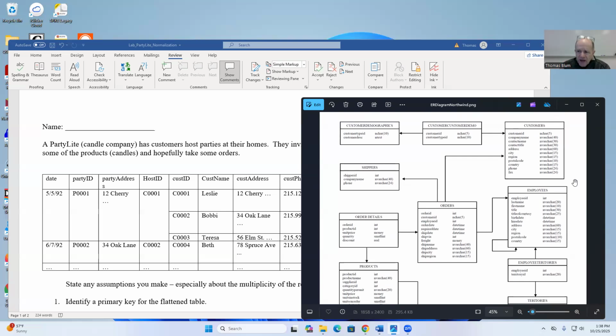Let's look at what they have. They have customers and orders and something called order details, and the products. So we're going to expect something along this line. And then we have this additional concept of the party. So we're expecting some kind of order, some kind of customer, order details, products, and then maybe something along the line of a party.